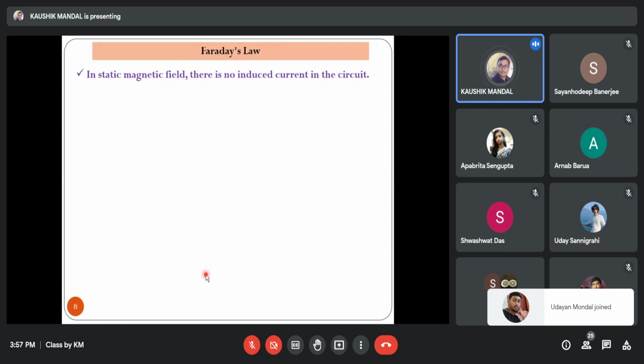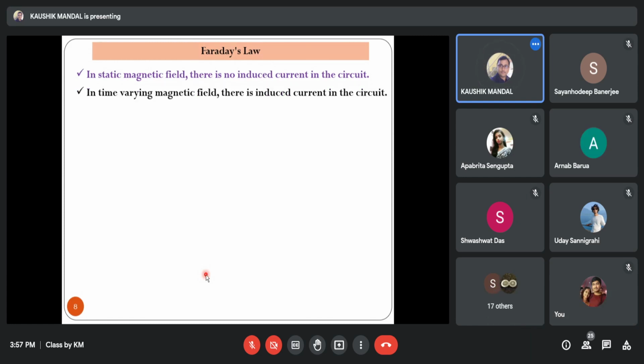But when it comes to the time varying magnetic field, which means it is changing with time, if there is any variation in the magnetic field with respect to time, there must be some current induced in the circuit.